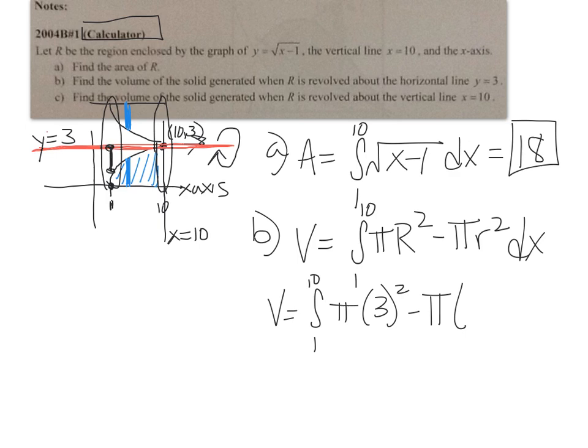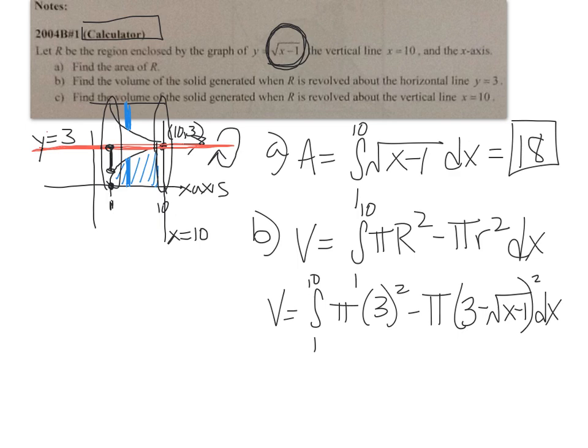So it's basically 3 minus the y value of our function. Since y is equal to the square root of x minus 1, we can just say 3 minus the square root of x minus 1 is our radius. Square that, dx.